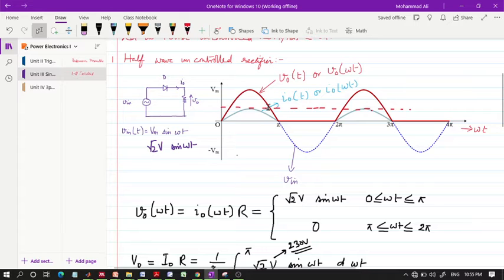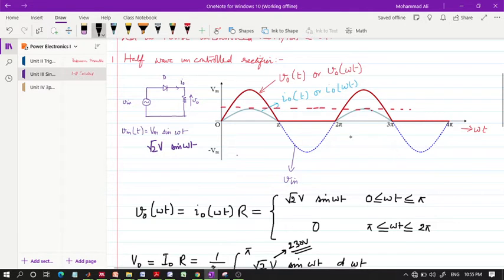So we will have this kind of waveform over here, right? This red line. Now here I am writing it in terms of time or omega t. We can take time or angle, right? If I write it in terms of time, and if this is a 50 Hz supply, then we are going to have 2 pi as 0.02.